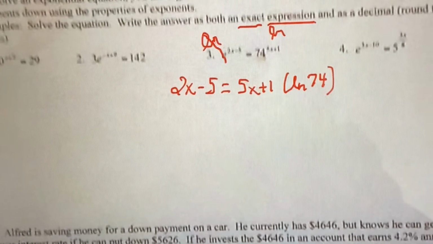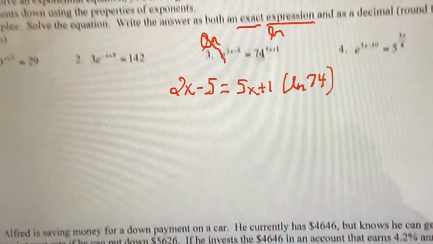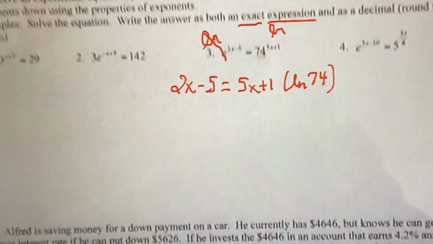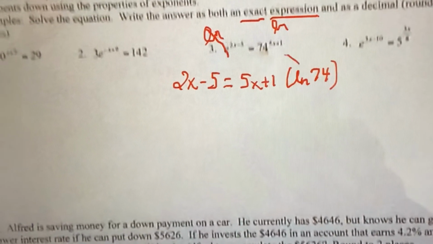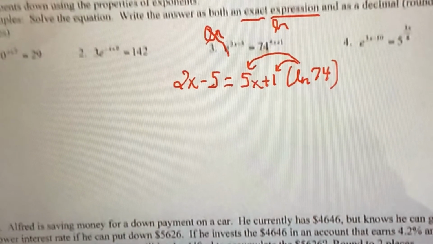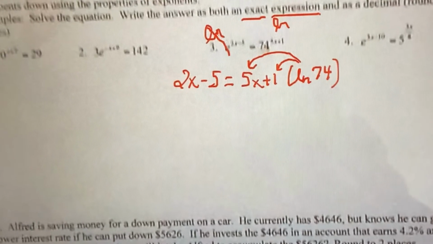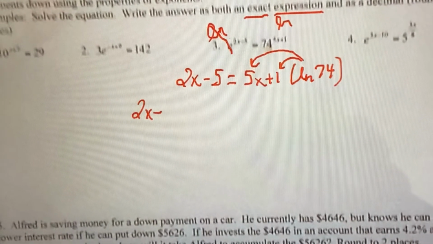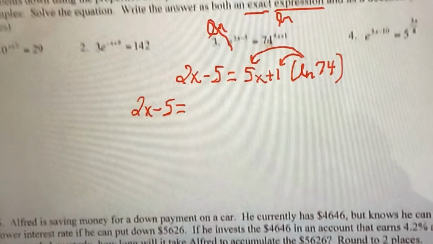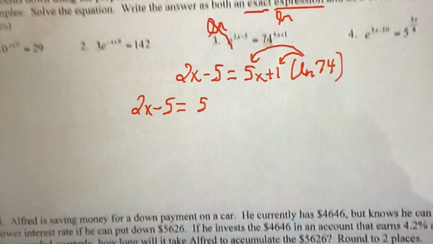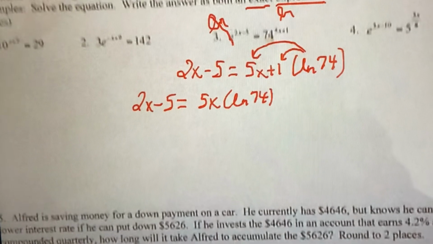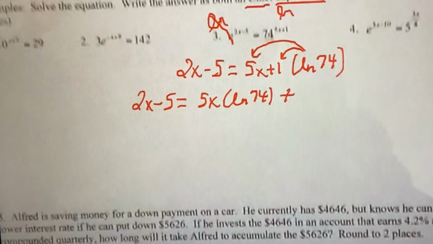Now, this one's a little bit more involved in the sense that on the right-hand side, I'm actually taking the natural log of 74 and I need to distribute it across the 5x plus 1. So the left-hand side stays. So I'm just going to kind of spread it out a little bit. 2x minus 5 equals. And then I have actually two terms when I expand this. I have 5x times the natural log of 74 plus, and then there's a 1 here.